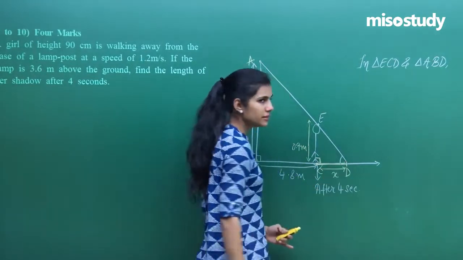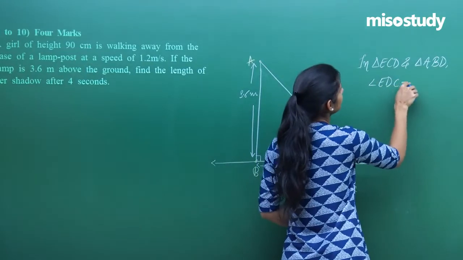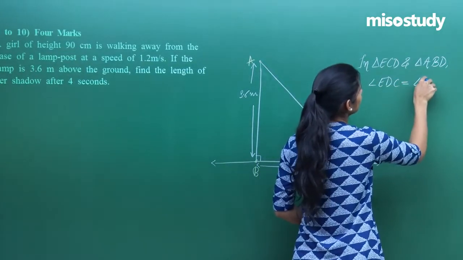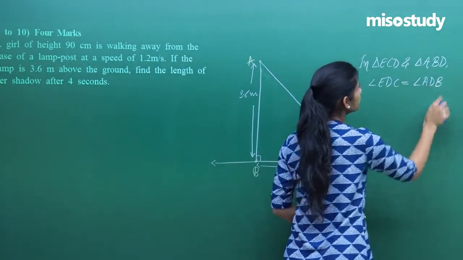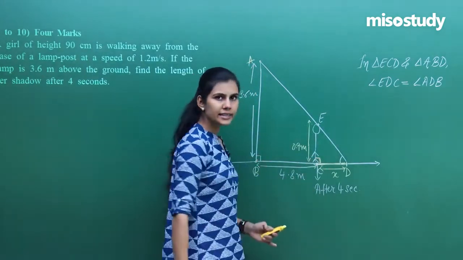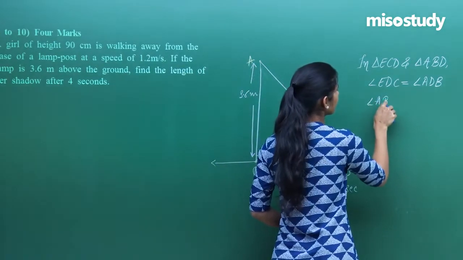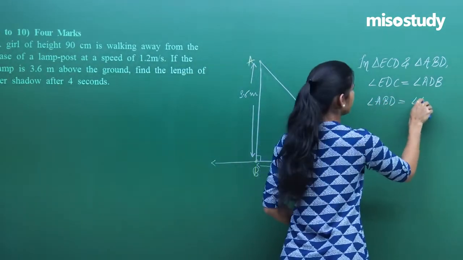This angle is common. Angle EDC is same as angle ADB. And I also have this angle and this angle 90 degrees same. So I have angle ABD is equal to angle ECD.